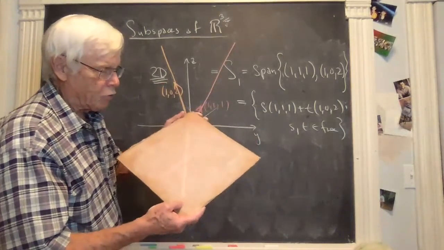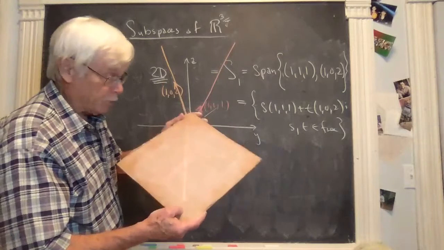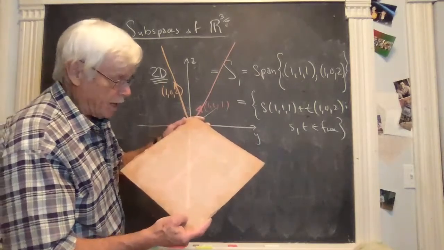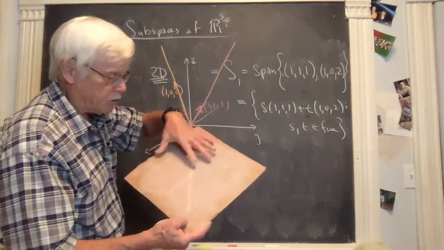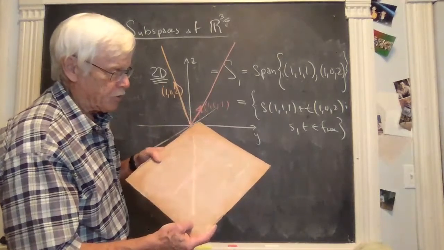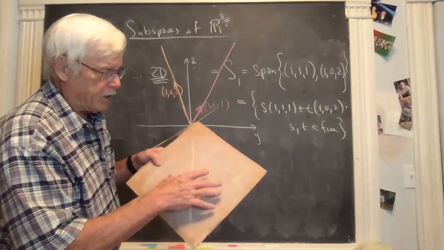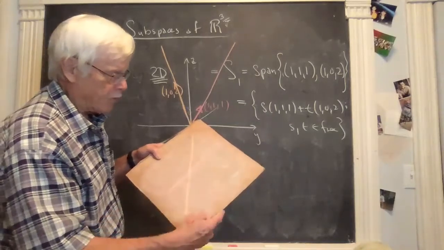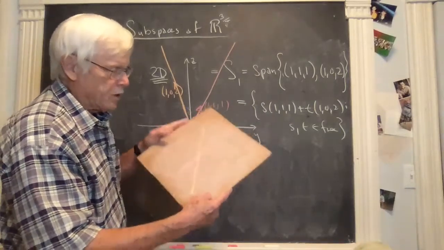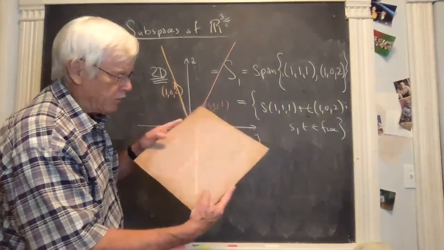This consists of ordered triples, but in a way, these ordered triples, if you use addition and scalar multiplication and so on, if you just live in this plane, it's a lot like living in the plane, R2. Everything works the same, but these guys don't live in R2, these live in R3.